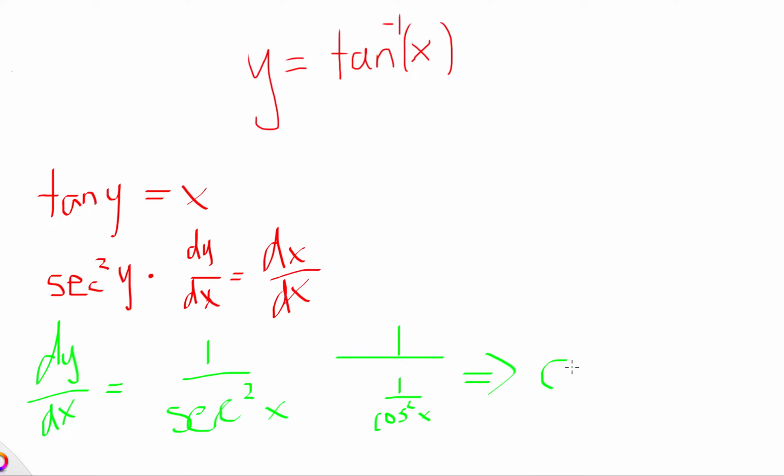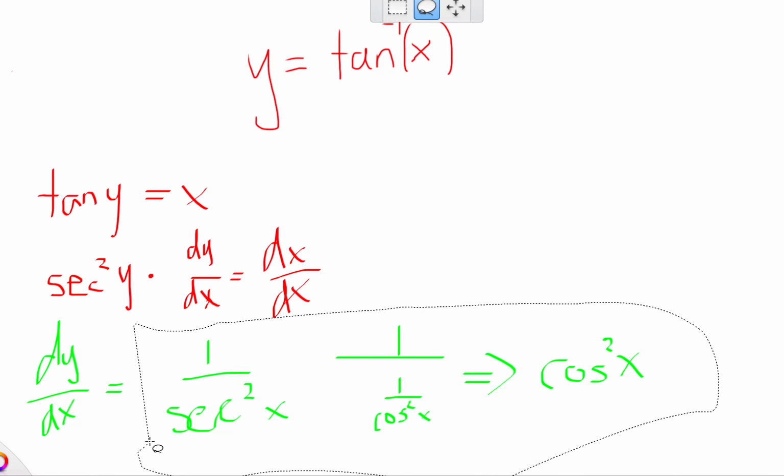This just equals cosine squared of x, right? Do we see how this works? Because if you think about division rules with fractions, this is what it eventually turns out to. So we can say that the derivative dy/dx has to equal cosine squared.